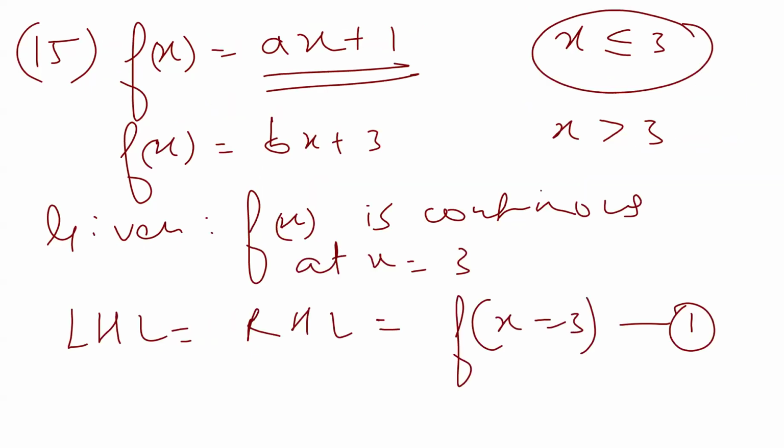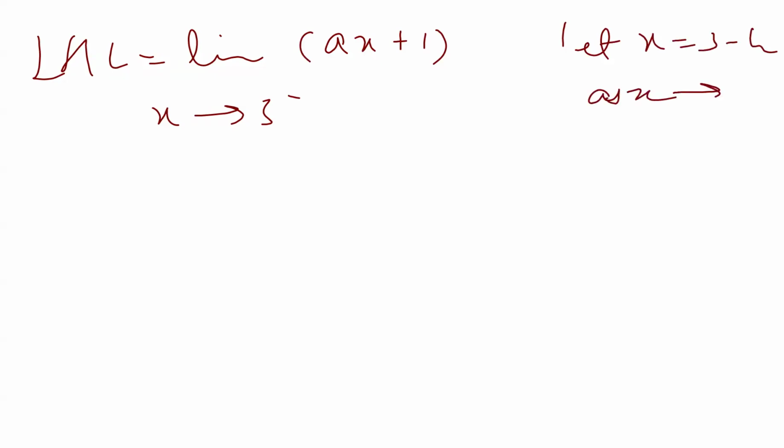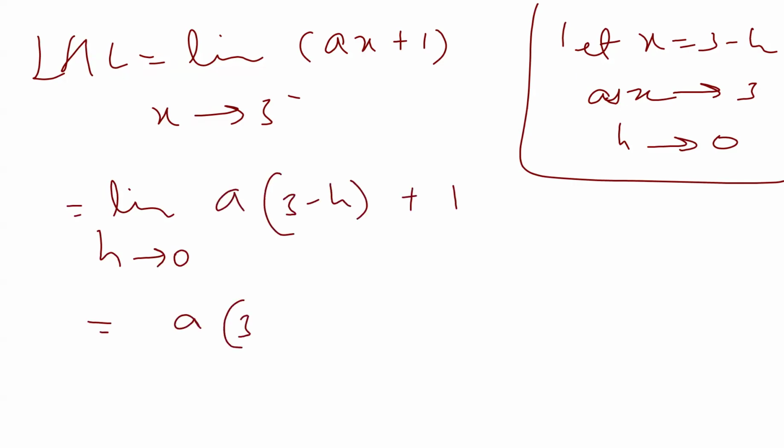So ax plus 1. Let x is equal to 3 minus h. As x approaches 3, h will approach 0. Limit h approaching 0, a into 3 minus h plus 1. No denominator, just put the value of h as 0. So this is equal to 3a plus 1. This is the LHL. I'll start with the RHL.